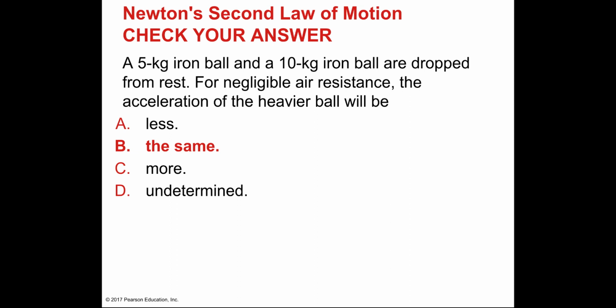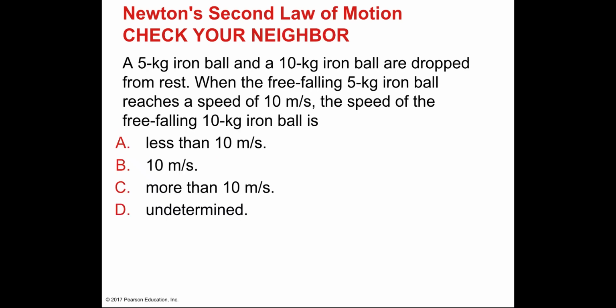Because of that, the acceleration due to gravity on them will be the same. It doesn't matter the weight. The acceleration due to gravity is the same for every object that is under the influence of gravity alone. And that value is 10 meters per second squared. It's the same for every object.